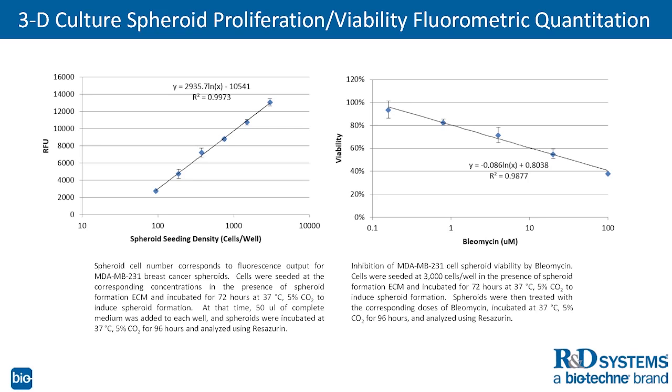And then on the right, we're treating with bleomycin, and we see a decrease in the cell viability associated with increasing bleomycin concentration, as we would expect, giving us an inhibition curve.